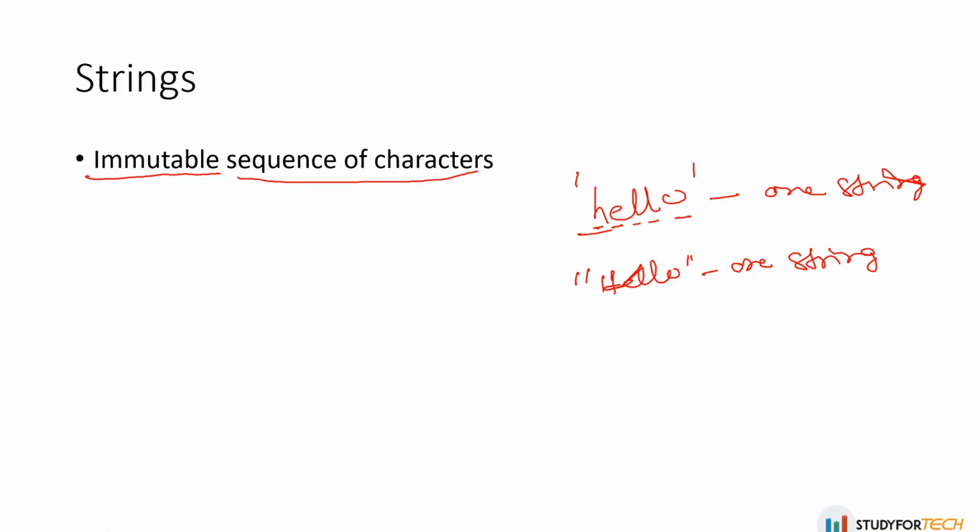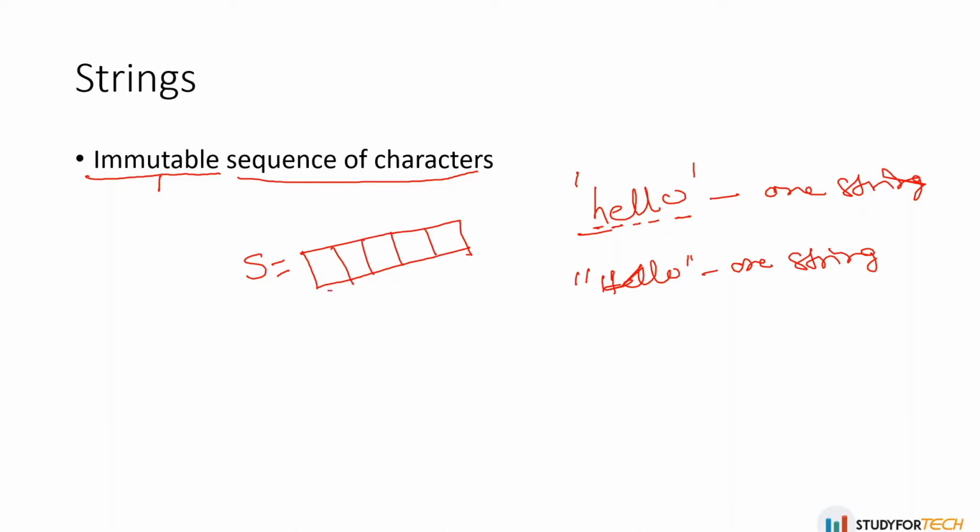So we have to understand this important concept. What is the meaning of immutable? Immutable means this cannot be changed once created, cannot be changed in line. So the meaning is that let's suppose we have one string s and this is stored in memory like this.